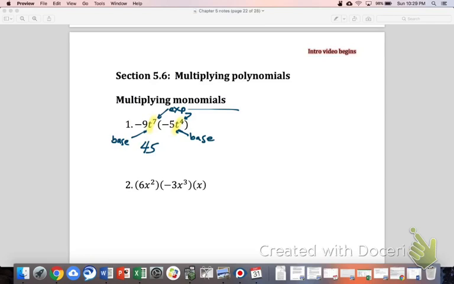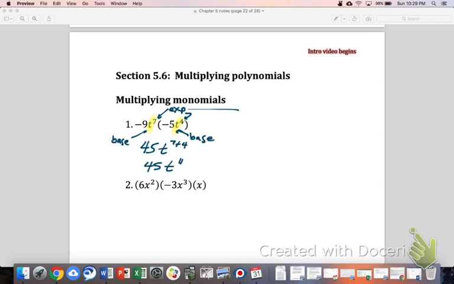If we are multiplying the same base together, both t's, then to get the product we leave the base the same and add the exponents. So it's 45, as we wrote before, t to the 7 plus 4, and 7 plus 4 is 11, so it'd be 45t to the 11th.